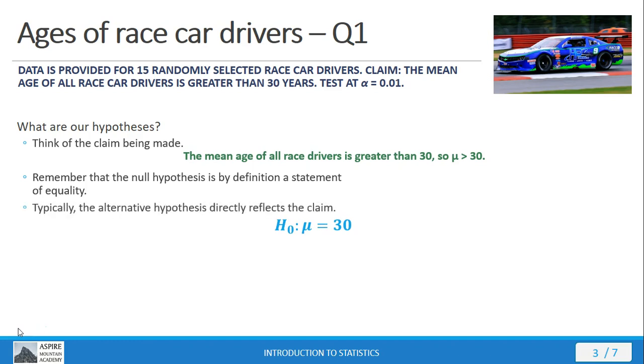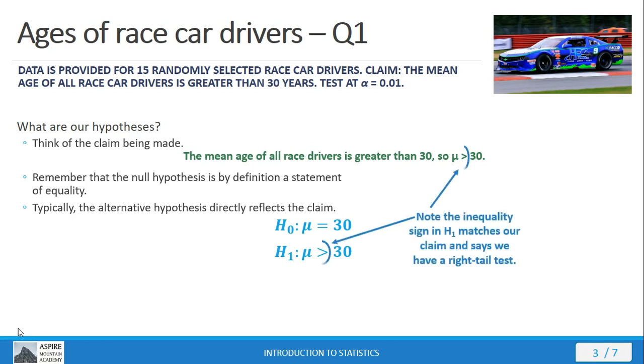The alternative hypothesis, typically we can take as the claim if the claim has no semblance of equality to it. Here we don't see any semblance of equality with the claim, therefore we can adopt it as our alternative hypothesis. And that inequality sign on our alternative hypothesis is like an arrow pointing to the right. That says we have a one-tailed test on the right side of our distribution.